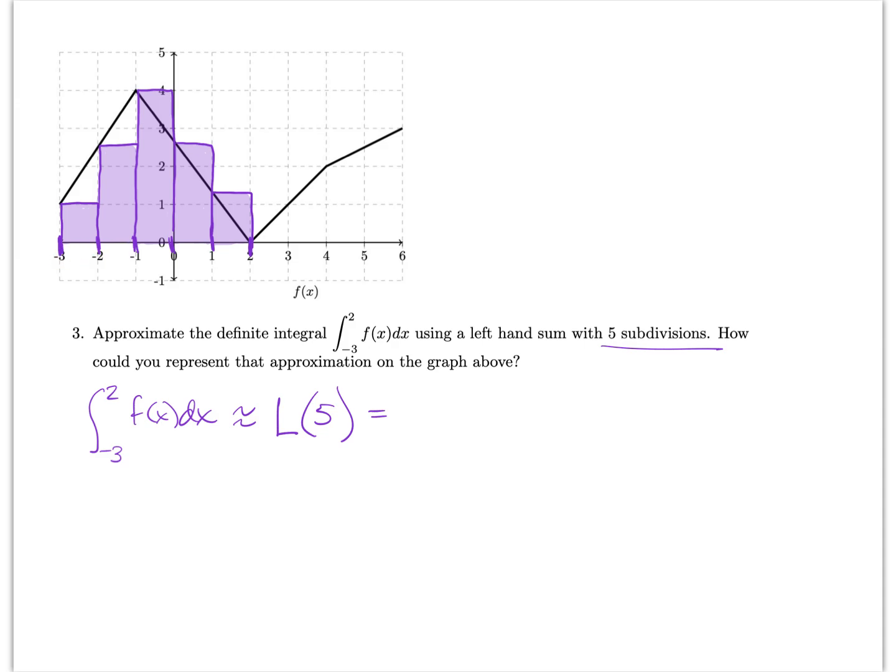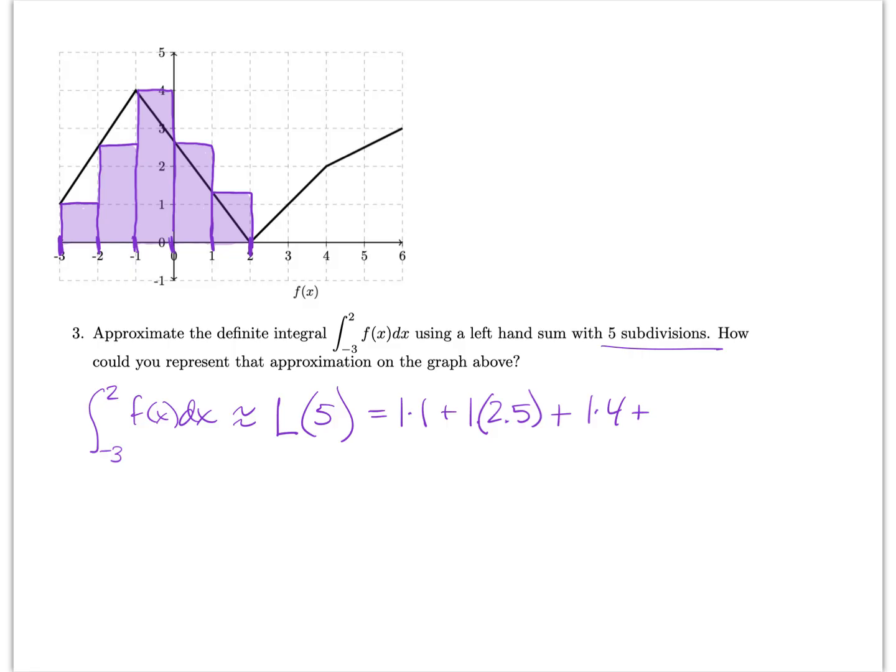So this first rectangle has a base of 1 and a height of 1. So this is 1 times 1. Second rectangle has a base of 1 and a height of 2.5. Okay, my third rectangle has a base of 1 and a height of 4.